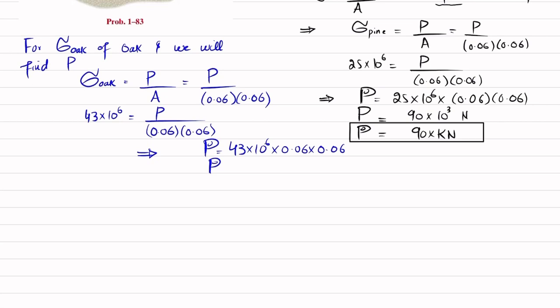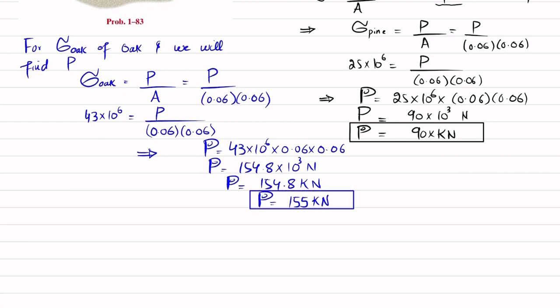And when you calculate it, it will be equal to 154.8 into 10 to the power 3 Newton, or 154.8 kilonewton, and you can round it off. So P will be equal to 155 kilonewton.